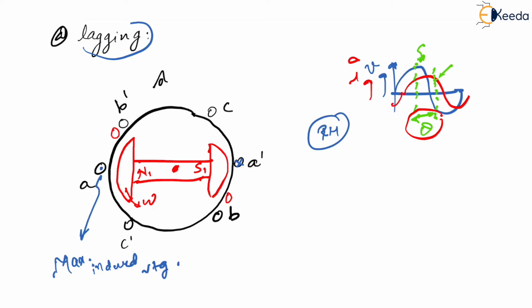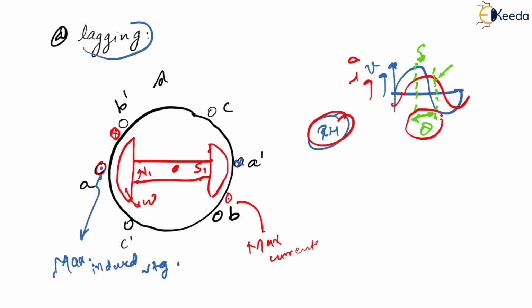So this becomes your cross, because it is going to lag behind. If this is dot, then this has to be cross, because we have seen that the voltage and the currents are against each other. So this is going to be the maximum currents. Is that right?